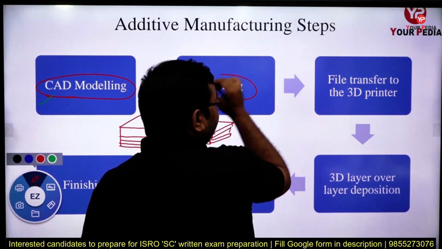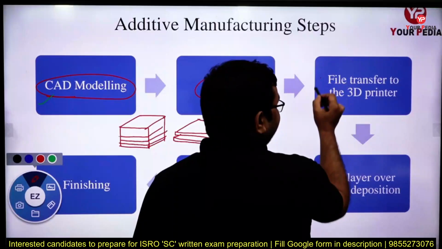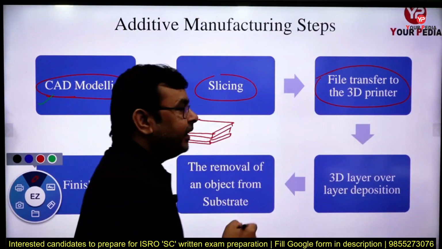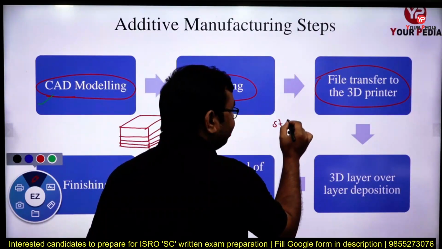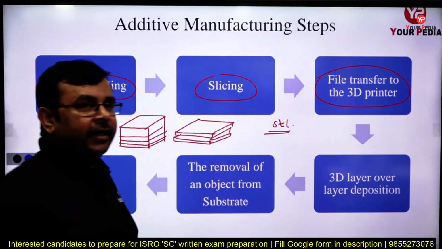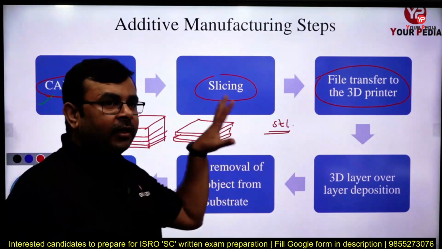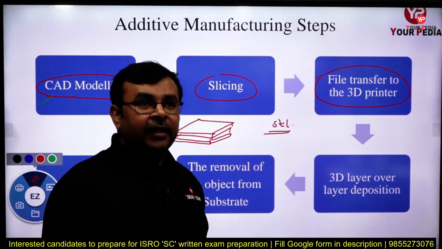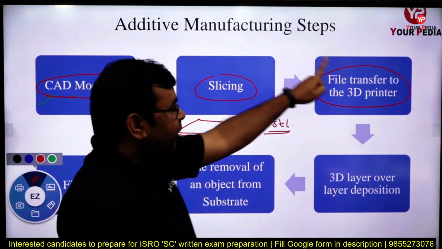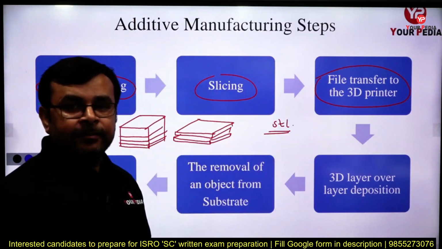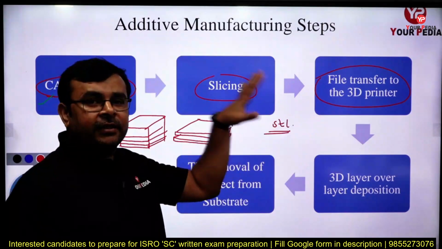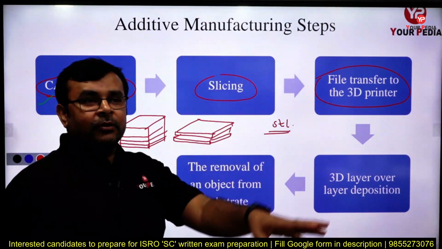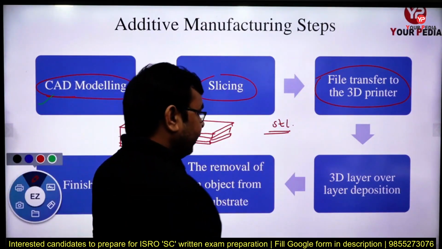Okay, now after slicing we need to create a file which is called an STL file. This is very important. After slicing we convert this CAD model into an STL file, and this STL file is transferred to the 3D printer, correct. A 3D printer is a machine which uses this data to produce a component. Is it clear?